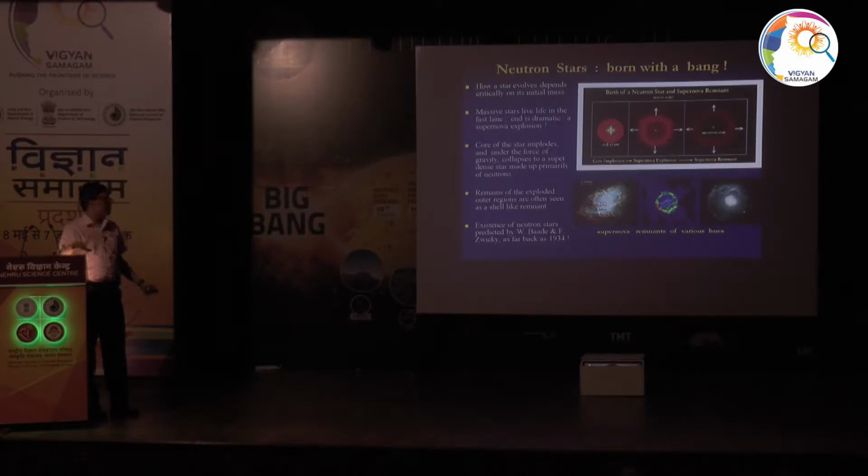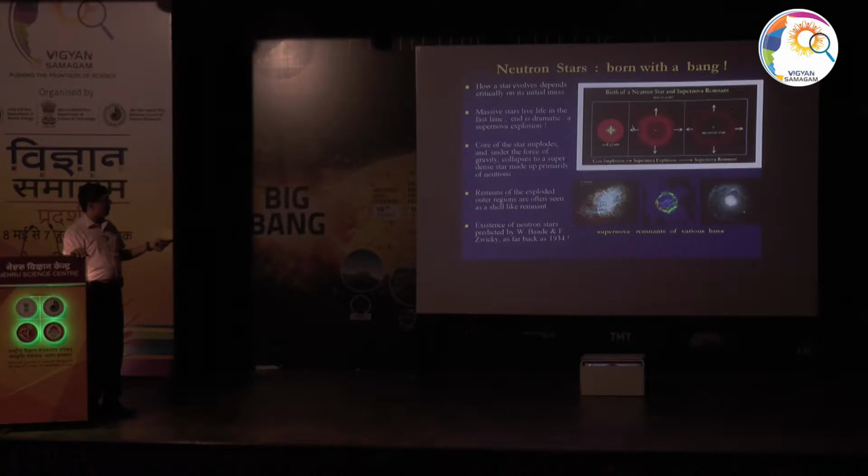Okay, here what happens is the outer part of the star explodes, only the core of the star collapses, and there the force of gravity brings it to the point where something very interesting happens, which I'll come to in a moment.